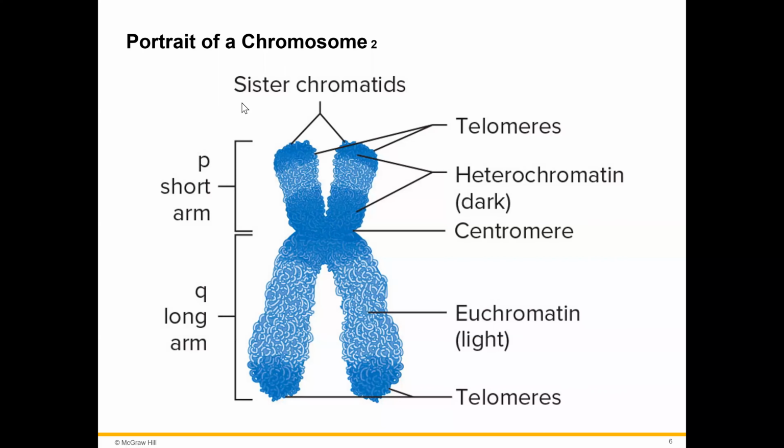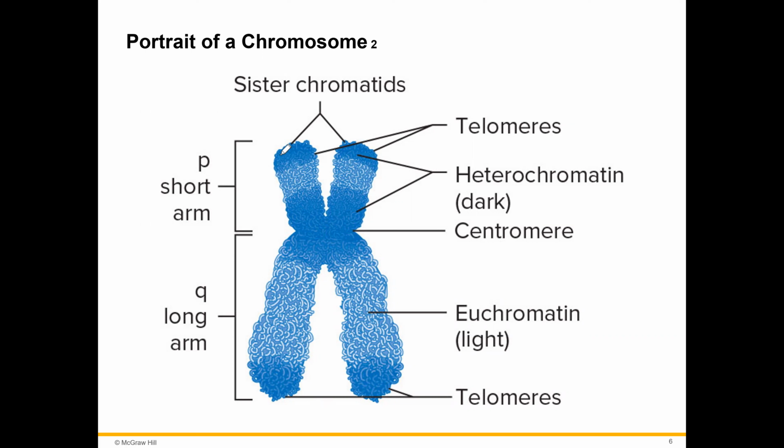Now, if you look over here and you see this X shape of a chromosome, this is one chromosome that was already replicated. If you look at the middle, that's one chromosome and it's made an identical copy, well, as identical as it can be, because every time we make a copy of DNA, we have small mutations.